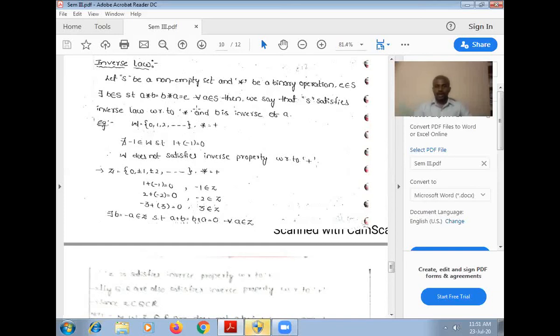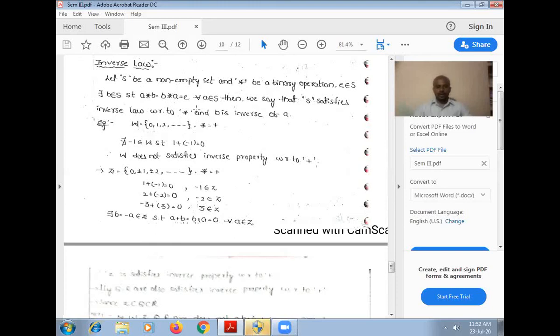So for the element 1 in W, what should we add to get 0? We must add -1. But -1 does not belong to W. So -1 does not exist in W. Therefore W does not satisfy the inverse law with respect to addition, because W has only positive values including 0. There are no negative values in W.